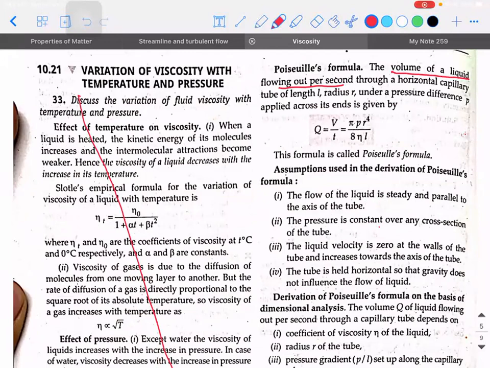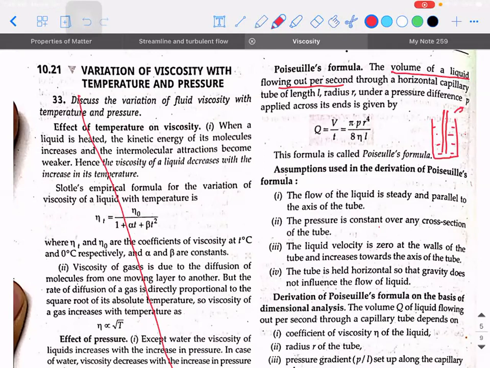As of now, a capillary tube means you can imagine the straw that you use for drinking. Suppose you go to a restaurant and have a cold drink. When they give you a straw, that straw can be considered as a capillary tube.